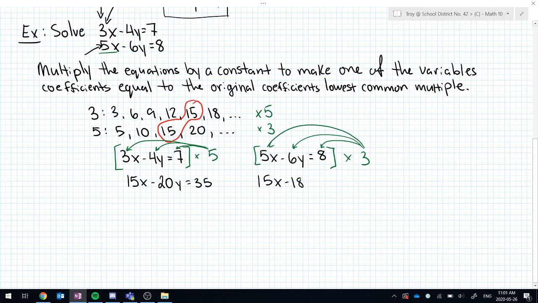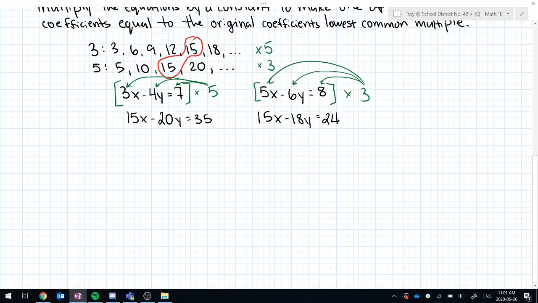Negative 18y. And 24. Okay, so now notice that the coefficients for the x variables for both of them are the same. That's the goal we're trying to make here.